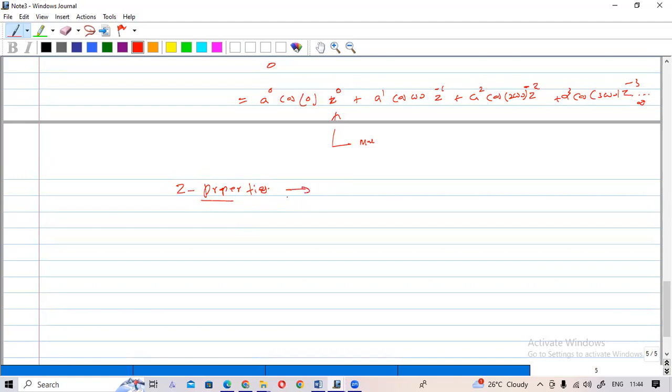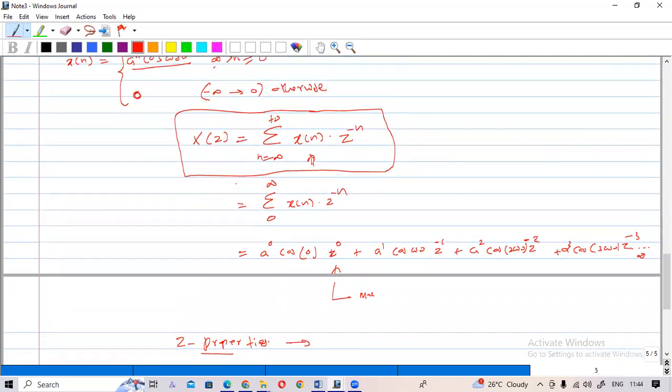For some sequences, it is hard to find the Z transform using a direct method, and you have to use the Z transform properties. It happens in the Fourier transform also. When finding some Fourier transforms, it is hard to find them directly using the principal approach, so we have to use a property. Here also you can use a property.